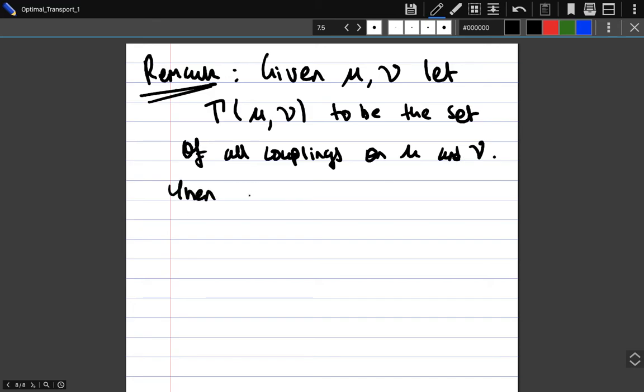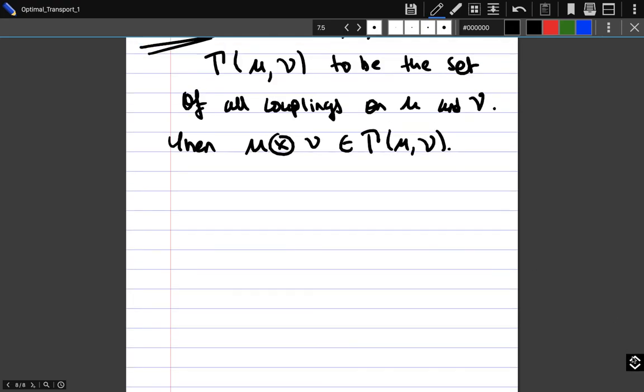Then I claim that at least the product measure belongs to gamma of nu of mu. And why is that the case? Well, it's pretty simple.